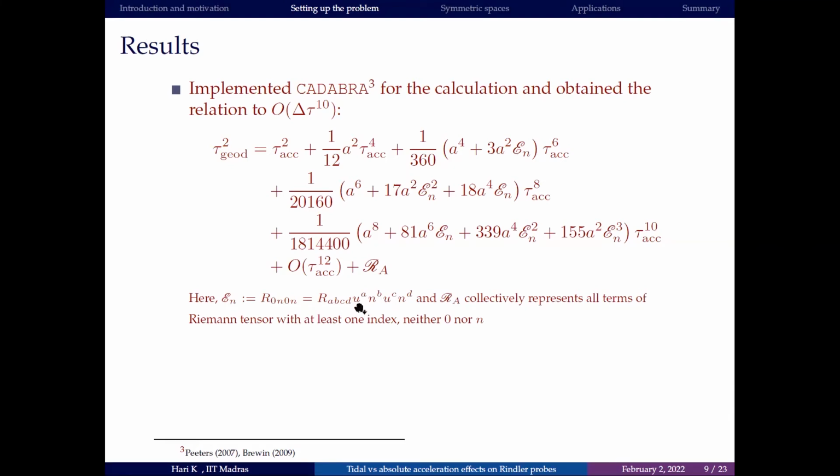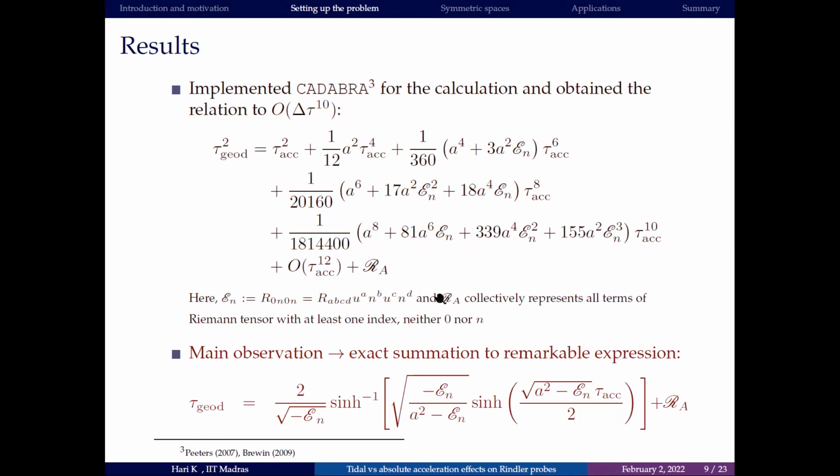Here U is the tangent vector for velocity, and N is the unit vector in the direction of acceleration, which is normal to the tangent. And here R_A represents collectively the terms in which at least one index is contracted with neither U nor N, so there will be other indices outside the U and N plane.